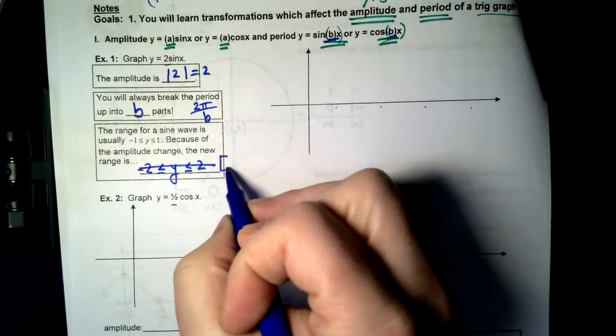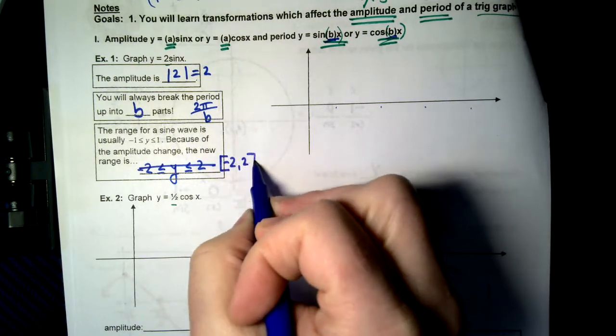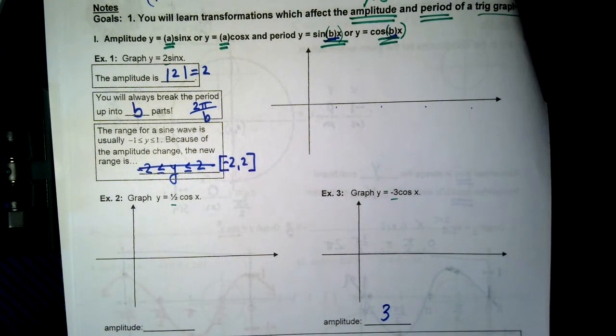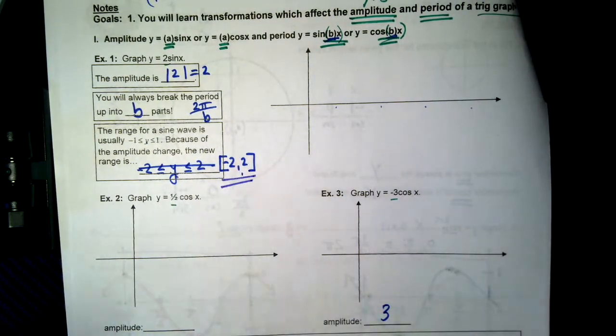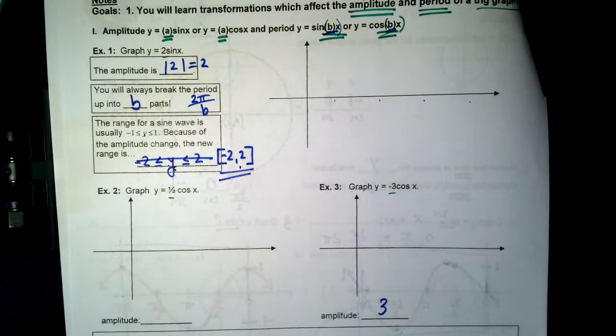They wanted me to do it this way, -2 and 2. I'm sorry, I was copycatting what was here. This is what they're talking about for the new range. You've got to show it as that ordered pair, from -2 to +2.